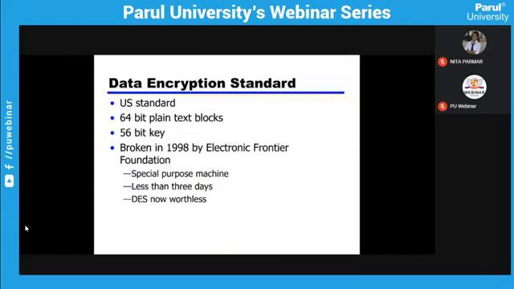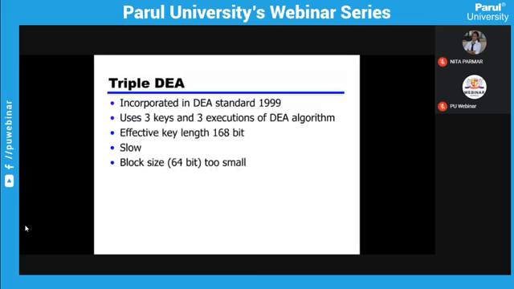So the triple DES algorithm was introduced later on in 1999 as a DES standard. How does the triple DES algorithm work? Instead of using one key as in the DES algorithm, the triple DES algorithm uses three keys. So the security level is multiplied by 3 times, and executions of this algorithm also occur in 3 rounds.